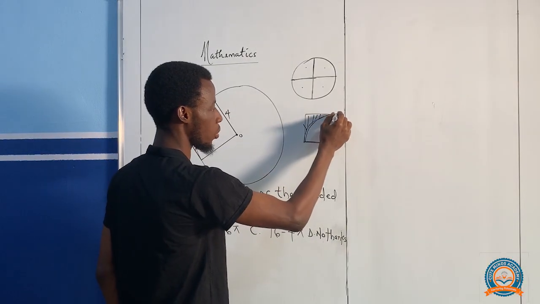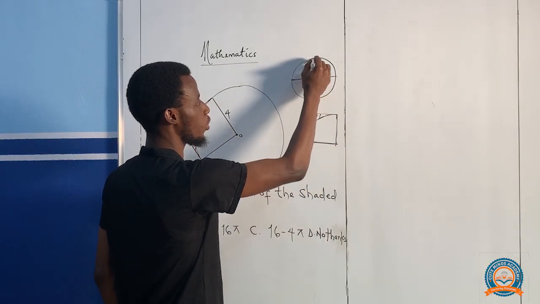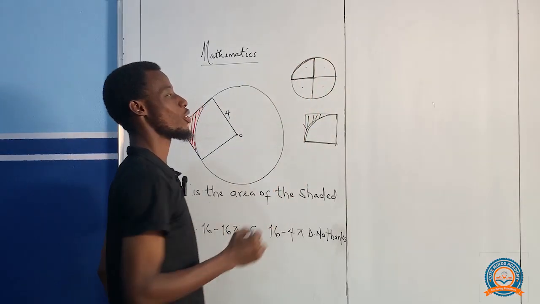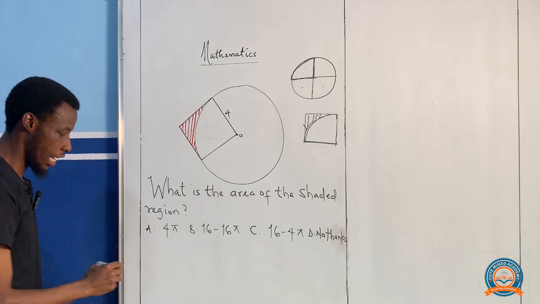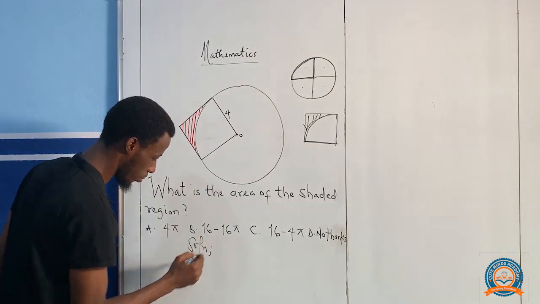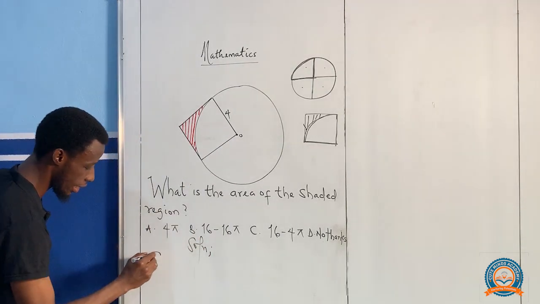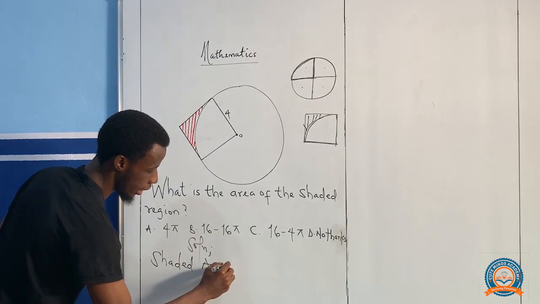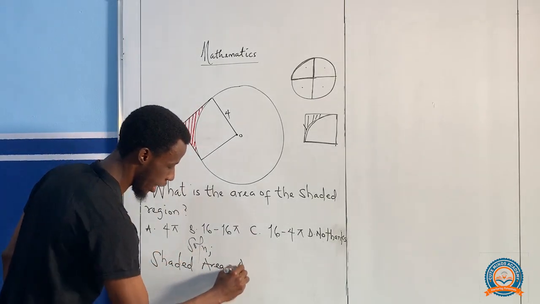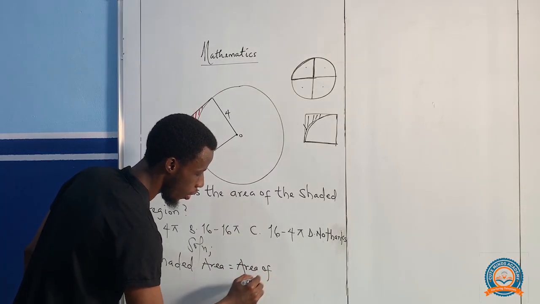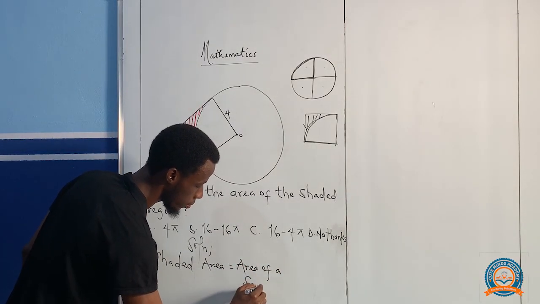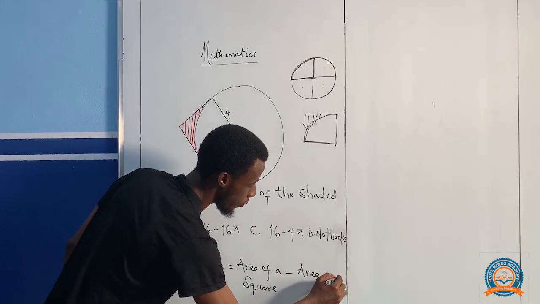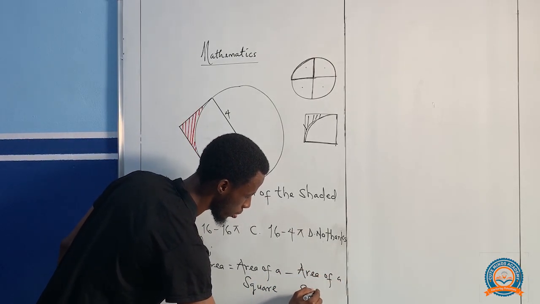So take a closer look. The part here is more or less like this. So from that, we can say as solution that the shaded area is the same as the area of a square minus the area of a quadrant.